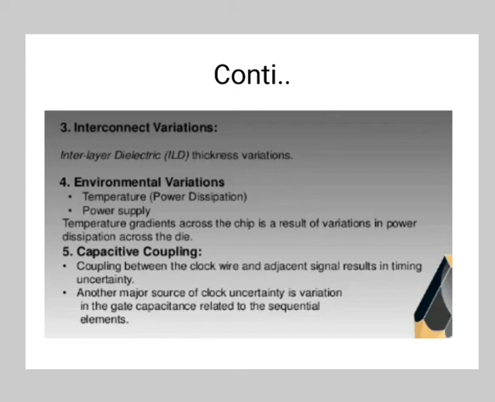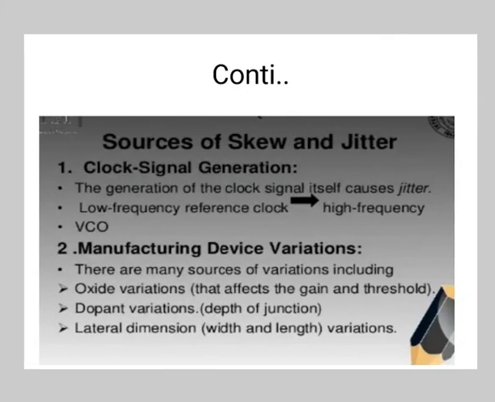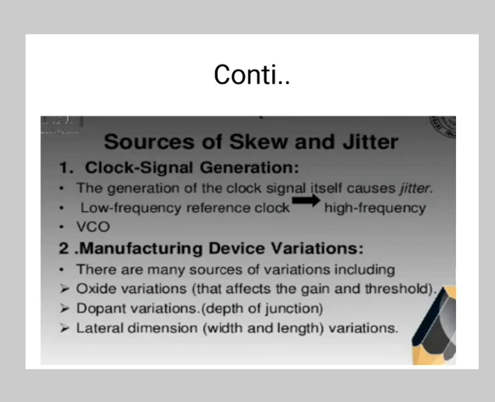Another major source of clock uncertainty is the variation in the gate capacitance related to the sequential elements. So these are the sources of skew and jitter which are given here.